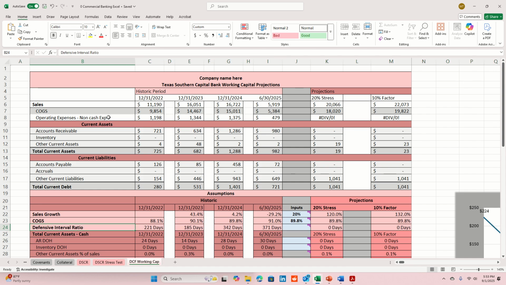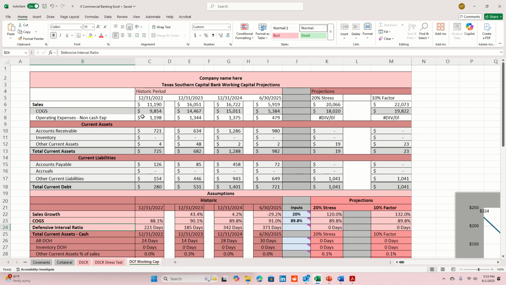Now, I don't necessarily want you to worry too much about defensive interval ratio, but keep in mind what it does is calculate how long it takes to run out of current assets when you're financing operating expenses. So it calculates how many days you can pay for your operating expenses with your current assets on hand.